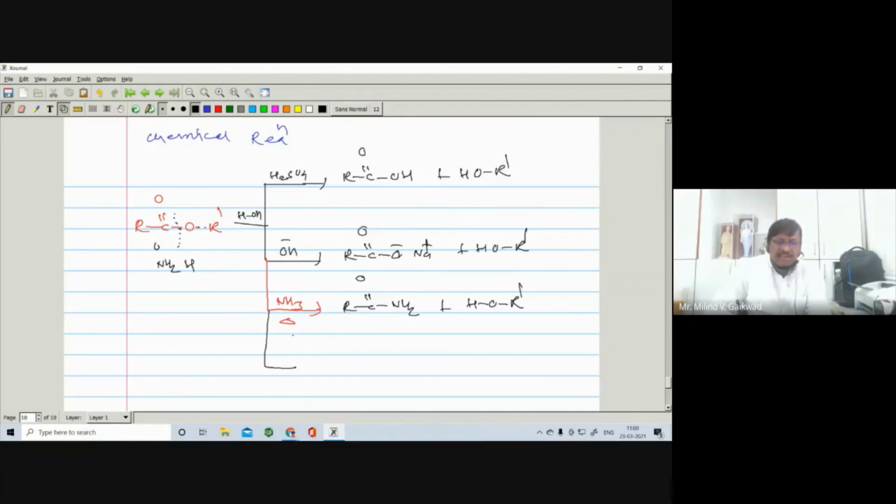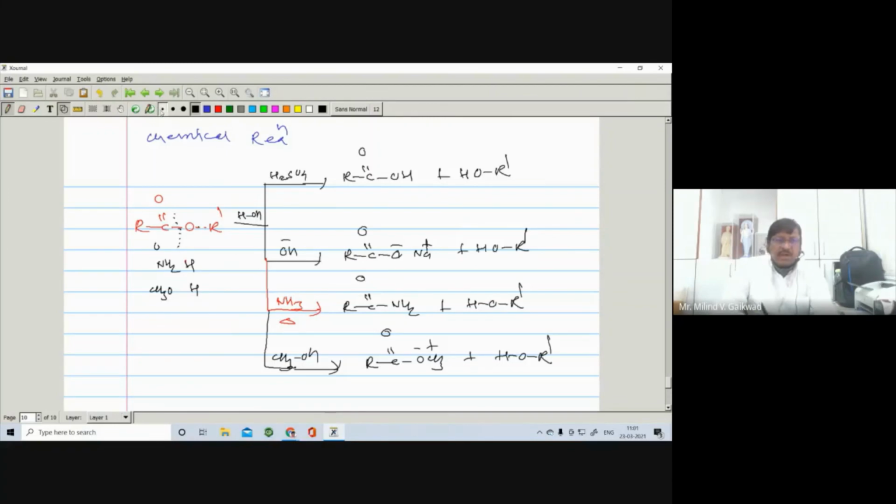Suppose you take CH3OH, then what happens? There is attack of CH3O minus and H, and you can get here RC double bond O OCH3 plus HOR dash, means again you are getting the methyl carboxylate and alcohol.